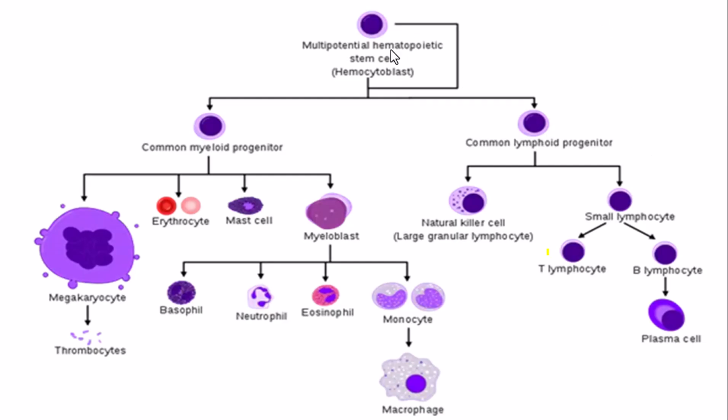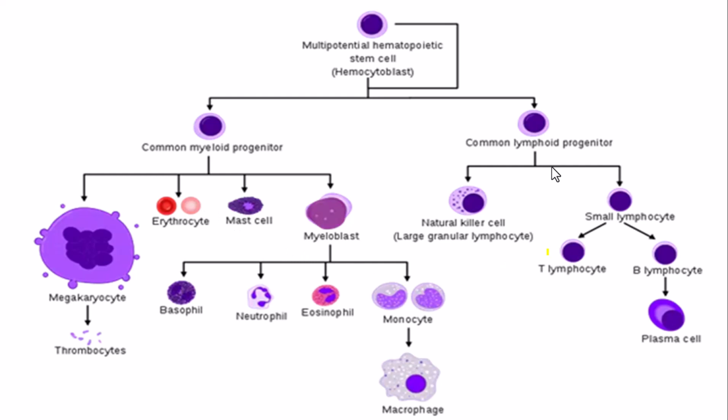Here this is the multipotential haematopoietic stem cell. First, there is production of hemocytoblast. This cell is present in the bone marrow and in the stem cell. This cell has the capability to produce the common myeloid progenitor, which is responsible for the production of RBCs, other granulocytes and platelets.